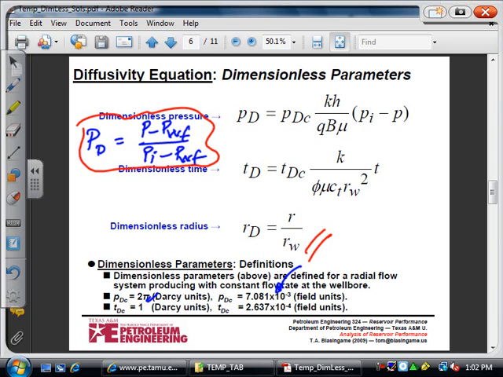Yeah, we use Darcy and yeah, that's actually, you're on the right track. We use the initial condition and boundary conditions to define our dimensionless pressure. And the first inner boundary condition was Darcy's law, so we can use that. And also we can use the initial pressure.